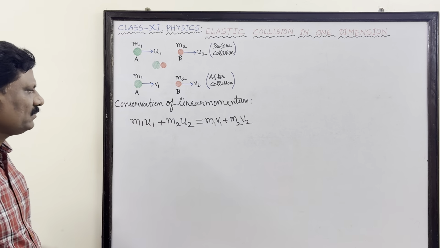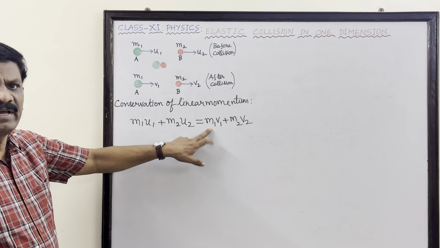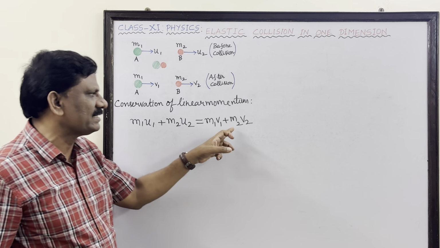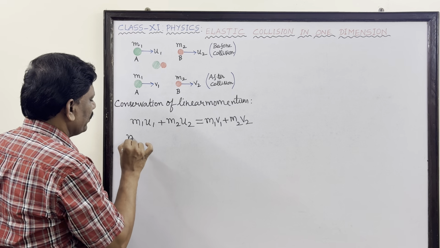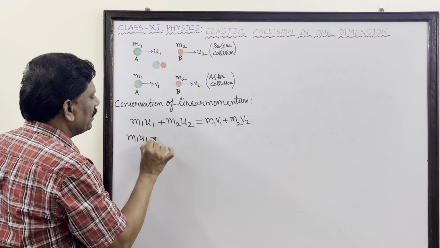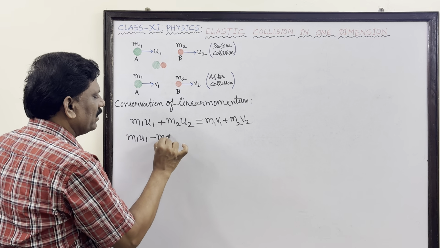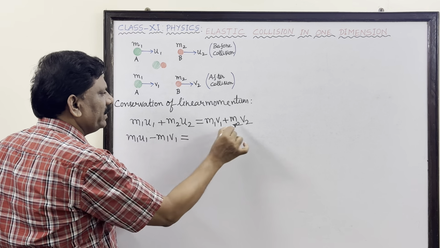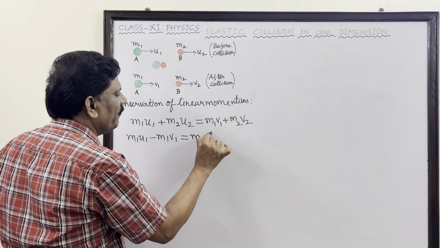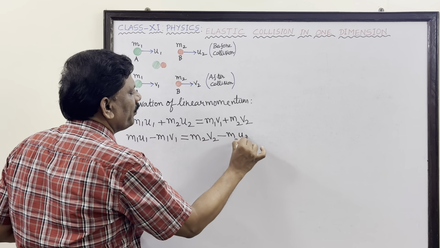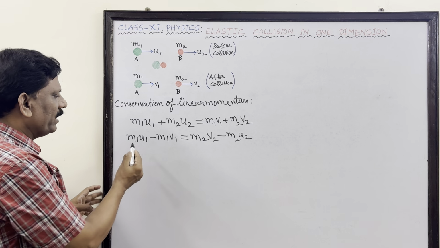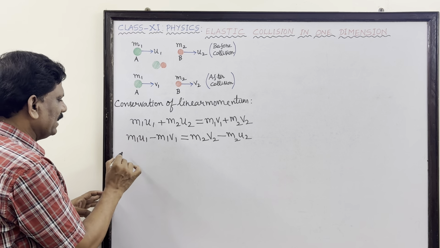Now the terms of the first body I will shift to the left hand side and the terms of the second body, m2, I will shift to the right hand side. So this equation becomes m1 u1 minus m1 v1 equal to m2 v2 minus m2 u2. Again grouping of terms, m1 is a common factor, is it not?